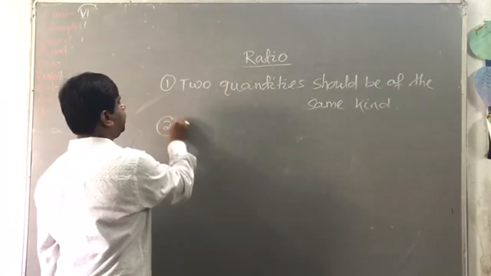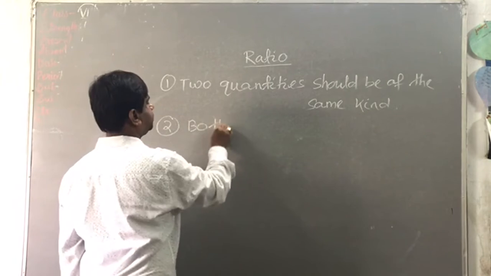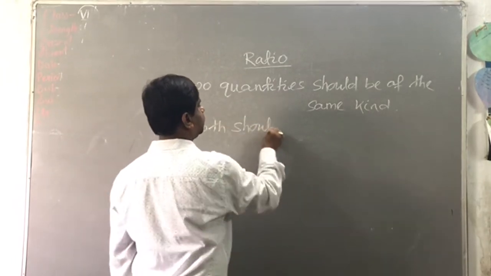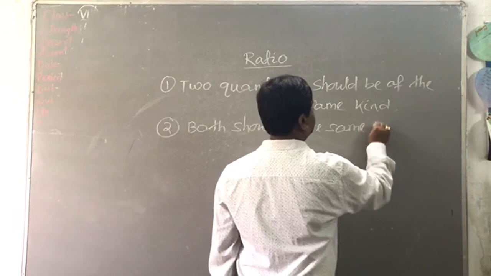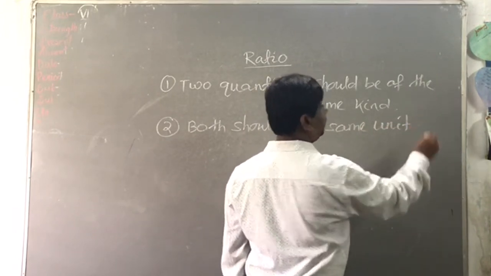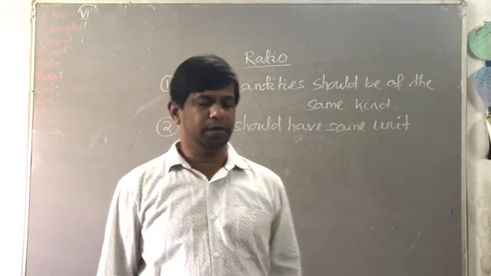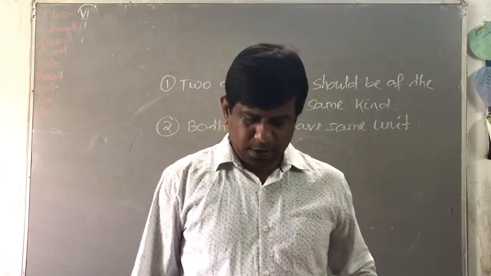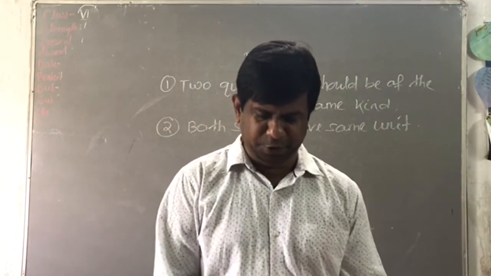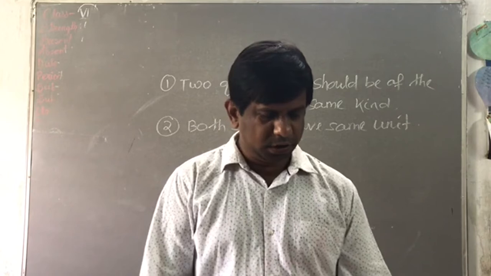And second point, both should have the same unit. If they are not the same in unit, then you have to convert into the same unit. I am taking an example of different units. How to convert into the same unit.